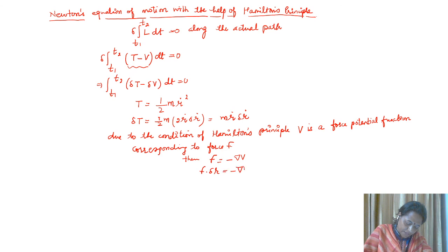It is minus gradient of V dot delta R. And the combination of the two may be written as minus delta V. So in place of this delta V, what do we have? F dot delta R.